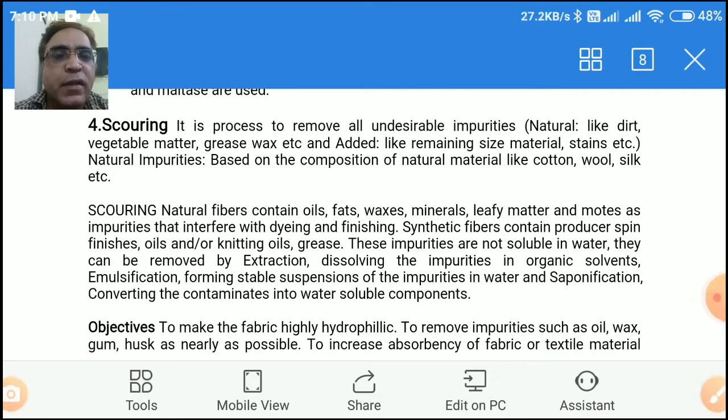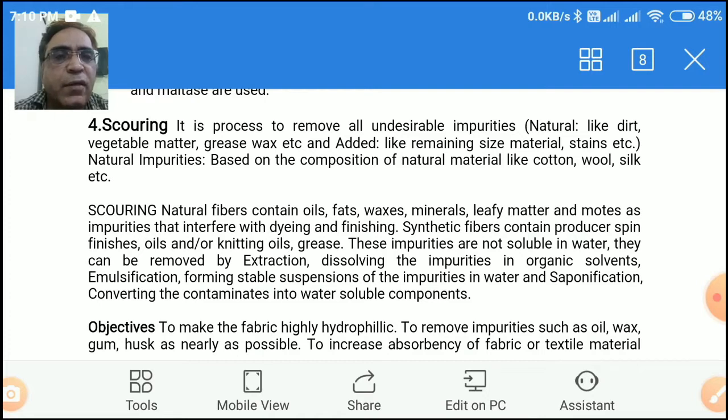In the previous lecture, I had discussed some processes for preparation of the cloth. These were the shearing process, in which fibers were removed by cutting from the surface of the fabric.